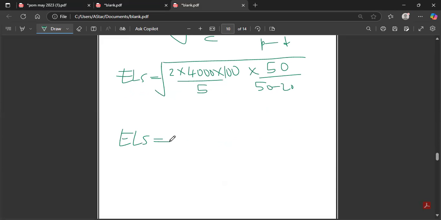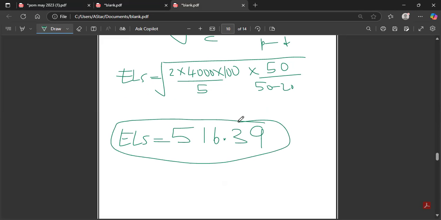Square root, the answer is 516.39. Is that what you found? Yes.